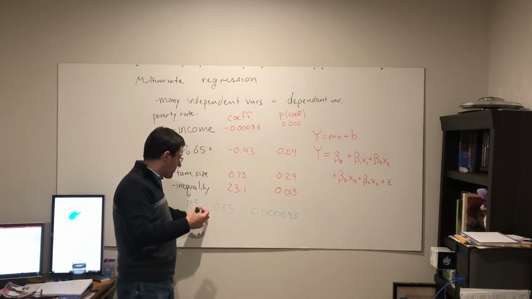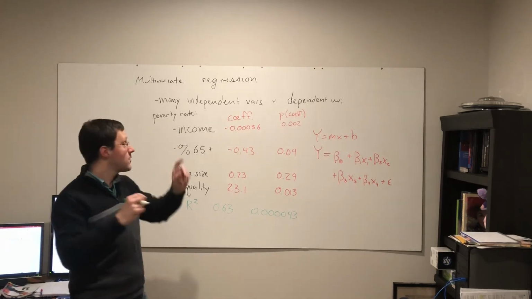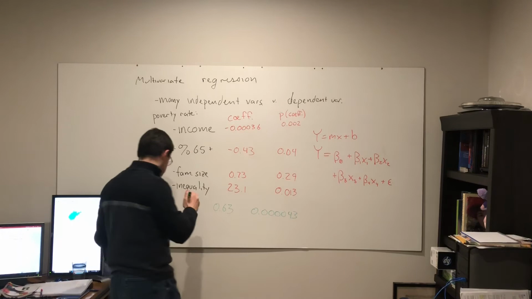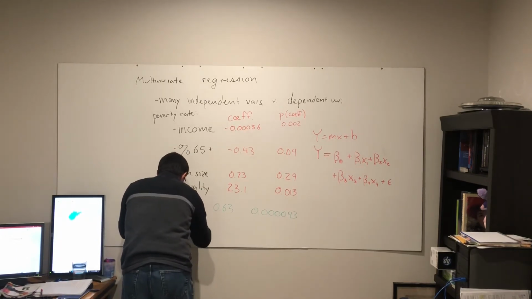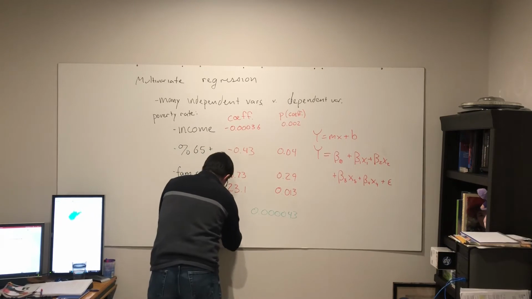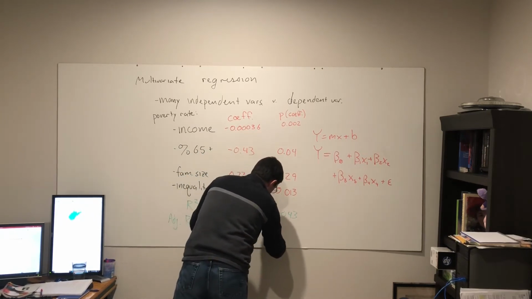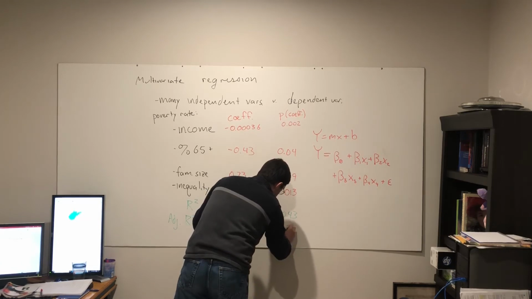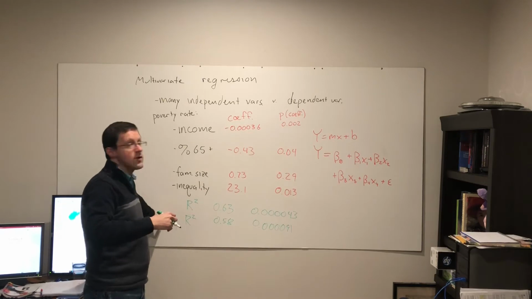There is one other value you might see in a multivariate setting. Something called an adjusted R-squared.